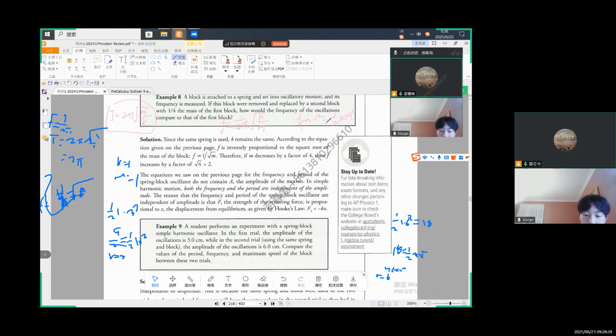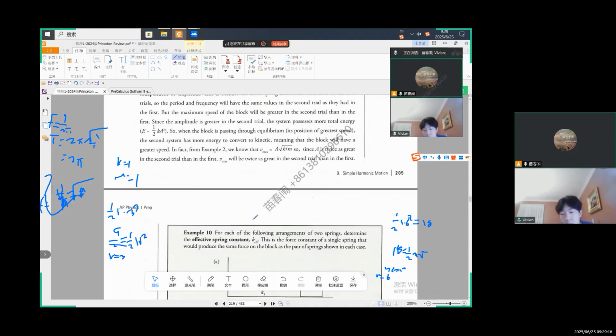The 1/2 and 1/2 simplify, and m over k equals a squared over v squared, right? So m over k is a constant, it doesn't change. So basically a over v is a constant number. That's why when the amplitude doubles, the velocity doubles.